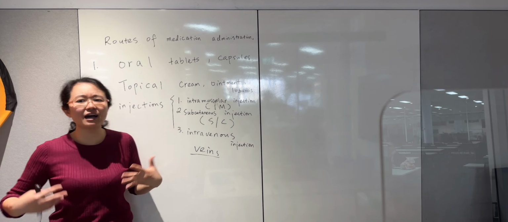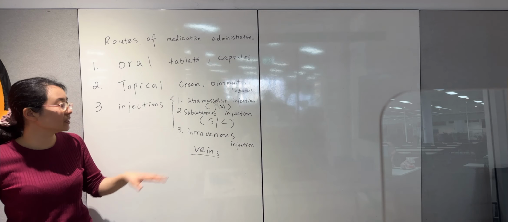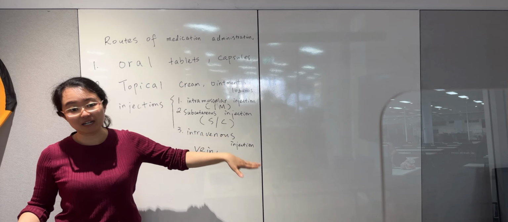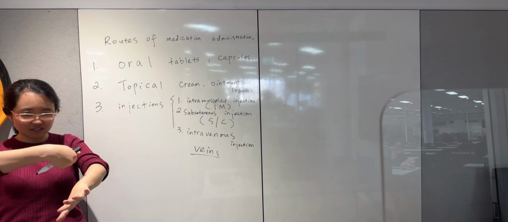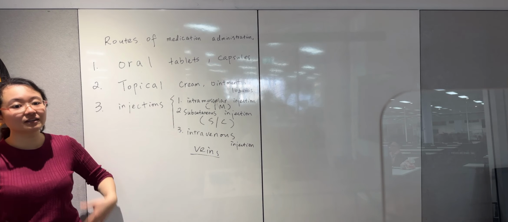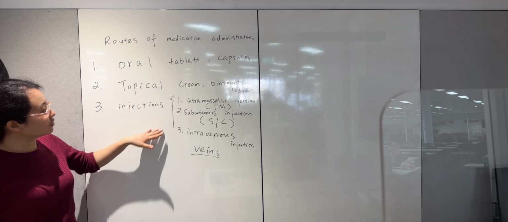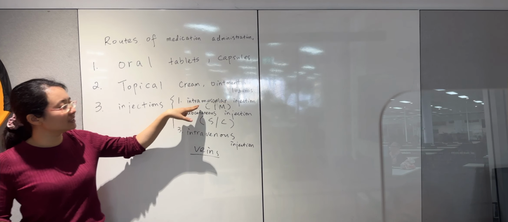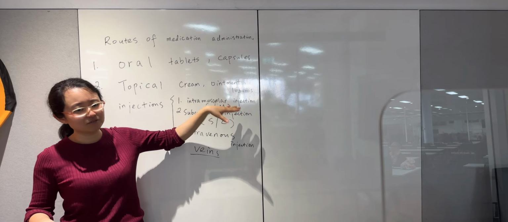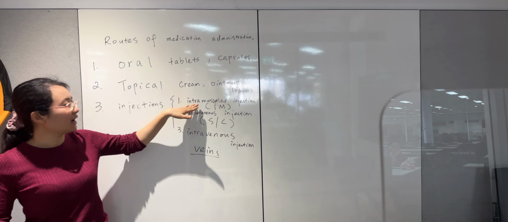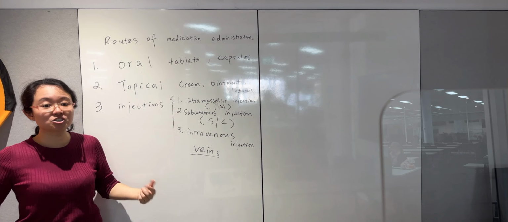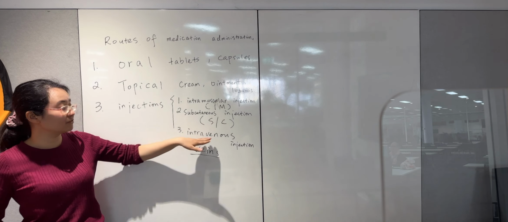So if the patient has any critical health conditions, we give intravenous medications. Give the medication into the vein, and then it can quickly be used, right? And then intramuscular is the second fastest route. Because muscle can absorb medication as well, fast as well, but not as fast as this one.